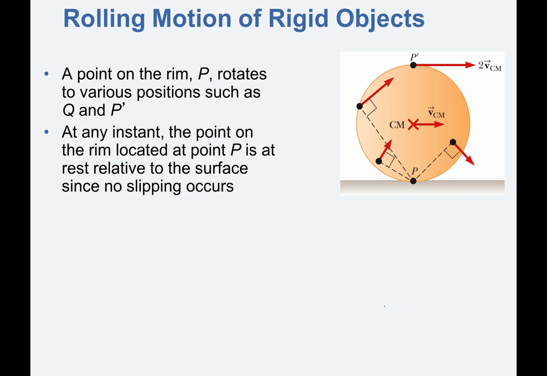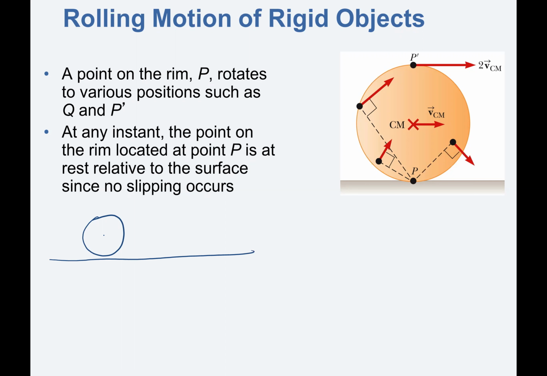Let me give you an example. Let's say here's an object that is moving linearly only. You're sliding it on the surface, so there is absolutely no rotation.